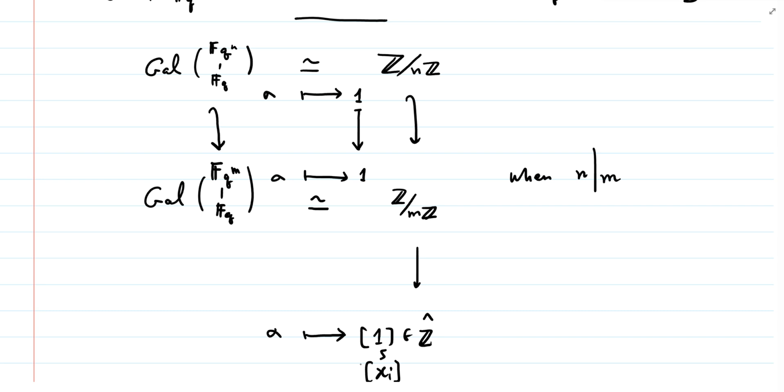But in this case, it is, because this transition morphism is the identity map.